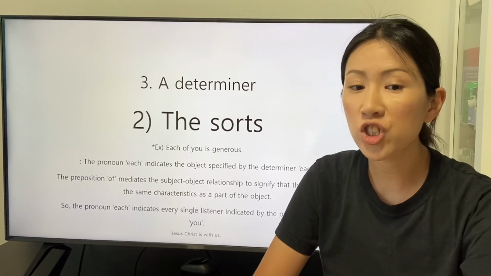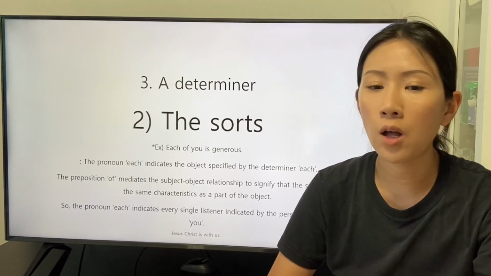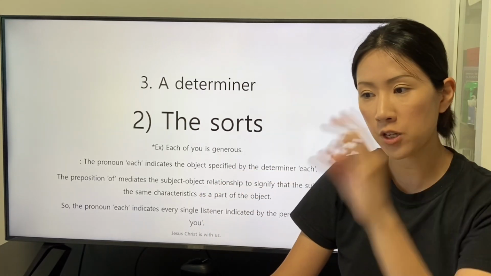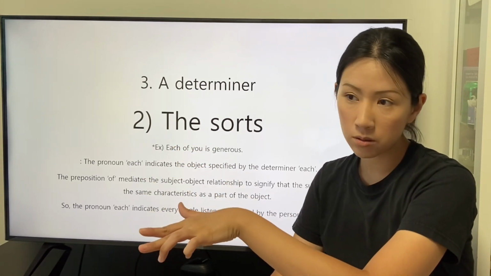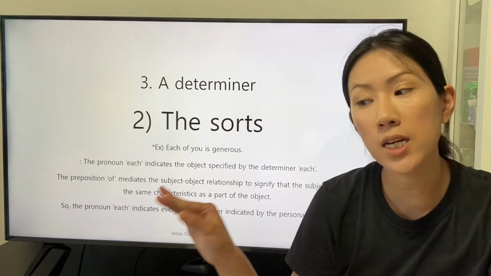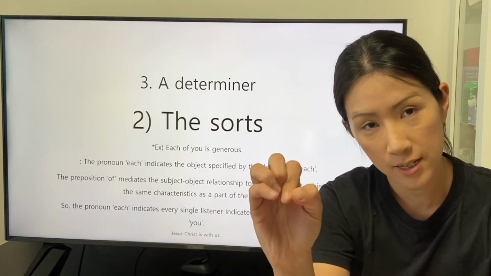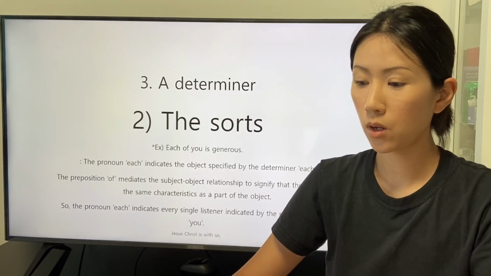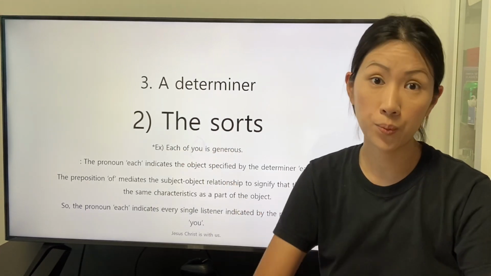The pronoun each indicates the object specified by the determiner each. We can understand that this is the extensive application of the determiner each as a pronoun each to indicate the subject as a component of the group in this clause indicated by the personal pronoun you.